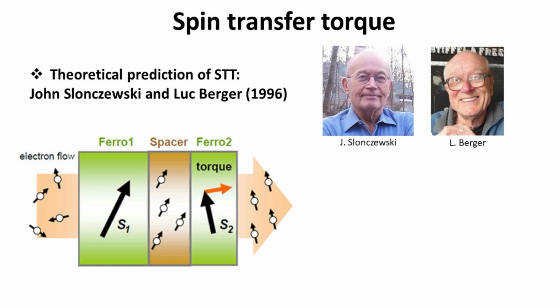Now, the flow of spin polarized electrons into a second misaligned ferromagnetic layer results in a transfer of spin angular momentum to the local magnetization via exchange interactions. If enough spin angular momentum is transferred in this process, it can excite magnetization dynamics of the free layer, and even cause magnetization switching. This, in a nutshell, is how an electric current can induce switching of a ferromagnetic layer.